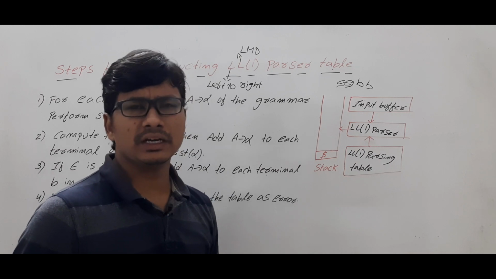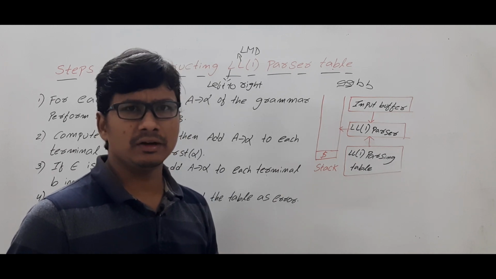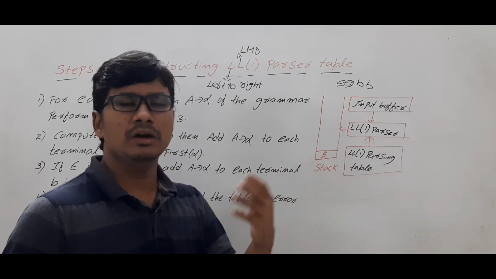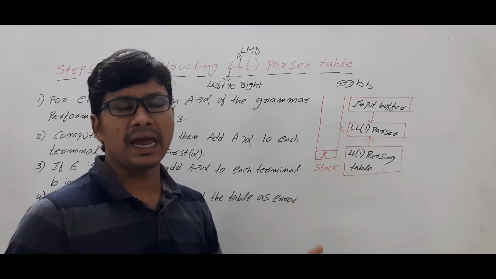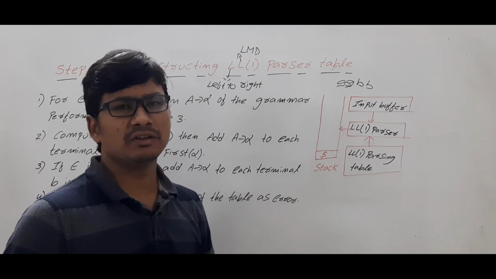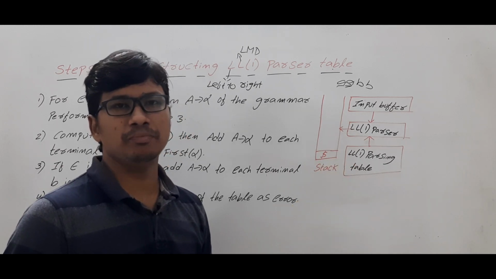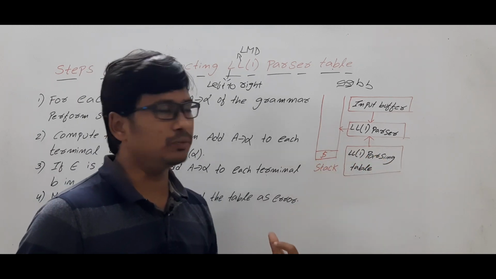When it comes to the recursive descent parsing, we did not construct any parsing table. Am I right or wrong? How did it work? It worked with the help of a procedure called brute force mechanism and backtracking. So for backtracking and brute force, we do not require any table. But whereas the LL1 does not use any backtracking mechanism. So it depends on the parsing table.